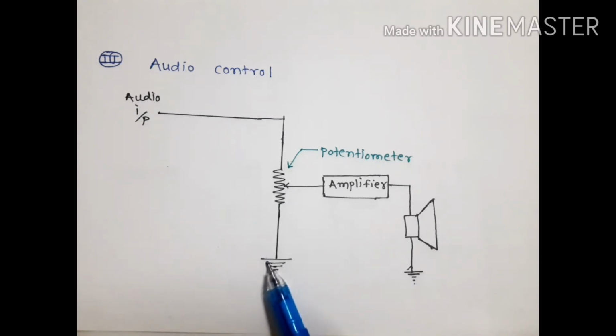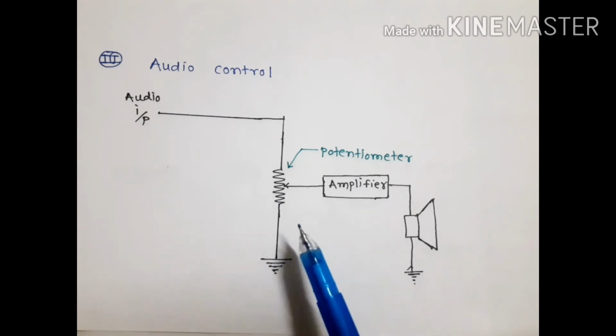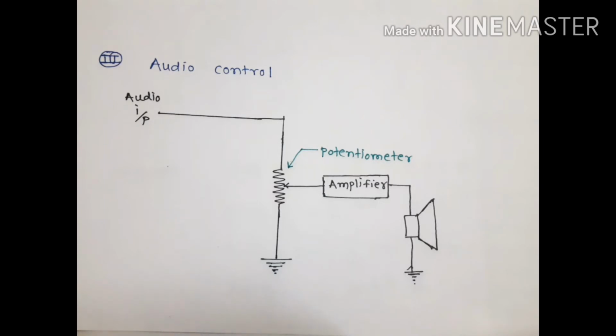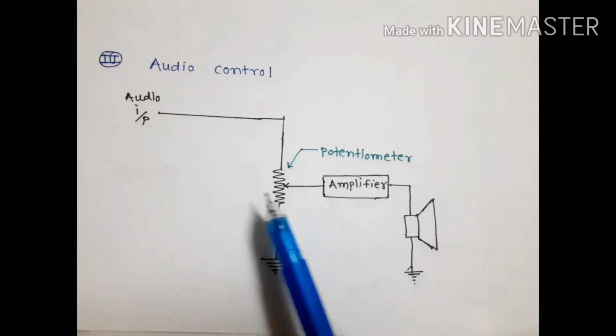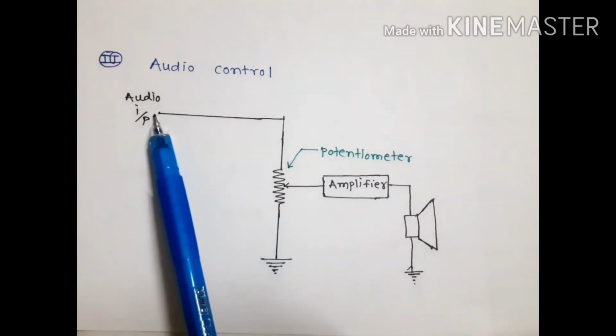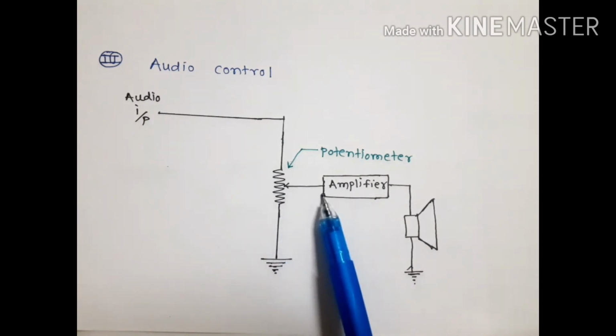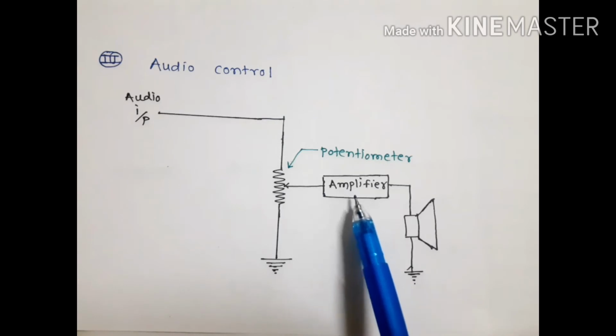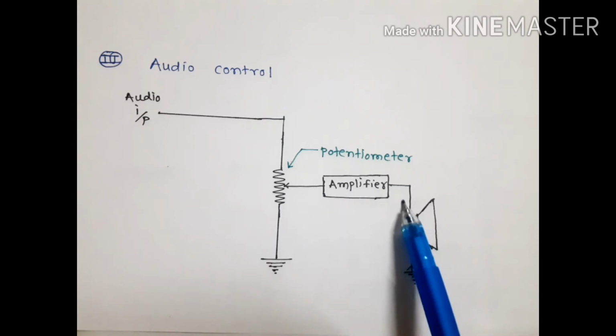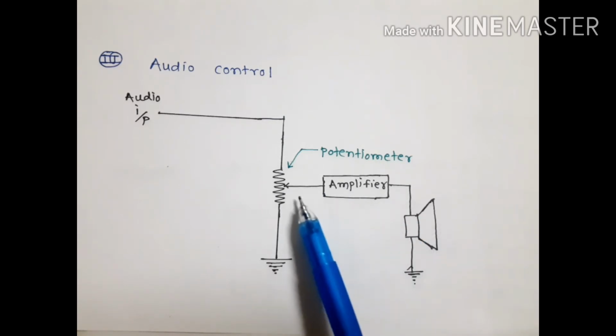This circuit diagram best explains how the potentiometer acts as an audio control. In this diagram, the audio input is given to the potentiometer, the slider of the potentiometer is connected to an amplifier, and that amplifier is further connected to the speaker system.